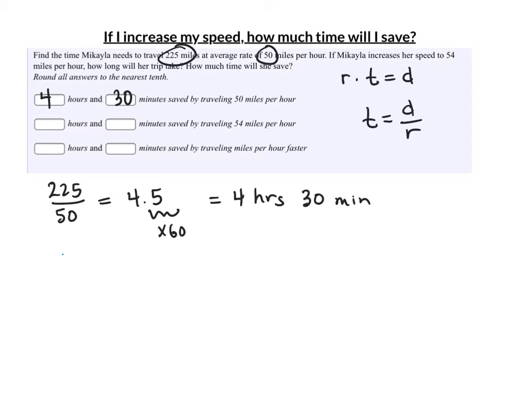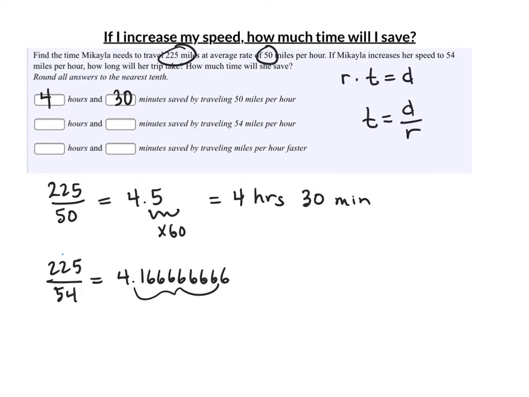For the next one, we're going to increase our speed by 4 miles per hour. So we'll take 225 and we'll divide by 54. 225 divided by 54 is 4.1, and the 6 keeps repeating. Now we're going to subtract off the 4.